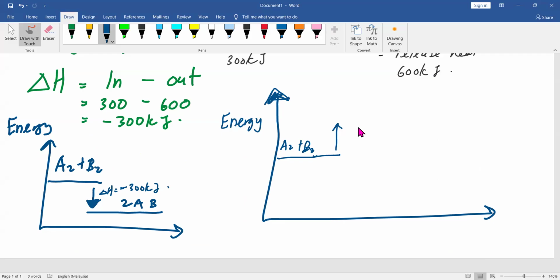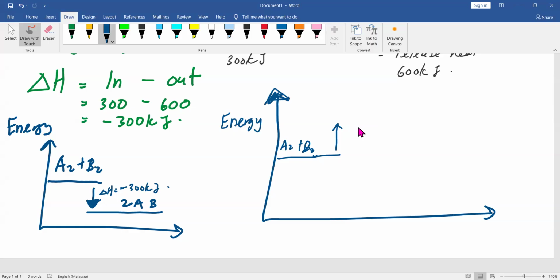No, I must break the bonds. If I only had 200 kilojoules, will the reaction occur? No. If I only had 100? If I had 299.9, no, no such thing as rounding up. This one is not money. Cannot round up. If I had 299.9, still not enough. I have to have 300. If I had 301, can or not? Can. So the minimum energy is 300.